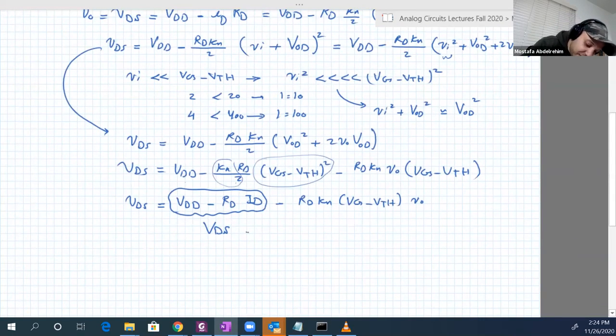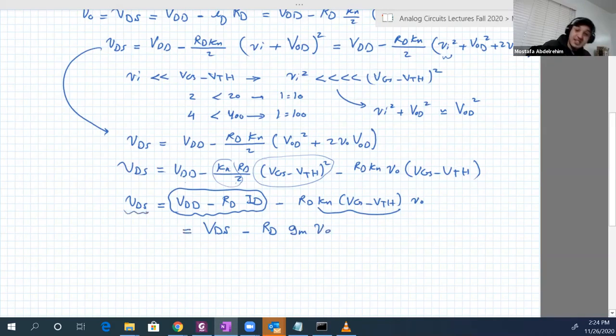Minus a constant. I will call it gm for some reason now. So the constant is RD, which is dependent on the circuit, and another constant here, which I will call gm, and we will see why I call it gm, times vo.